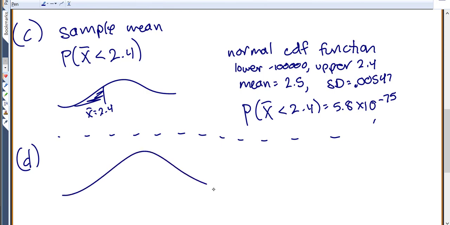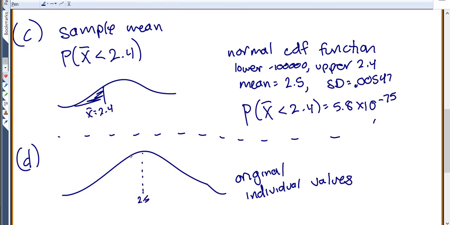in a general sense. So if this is my original population, or my individual values, we're centered at 2.5, and here's my 2.4. So the probability that I'm less than 2.4, actually I don't think I have that quite to scale.